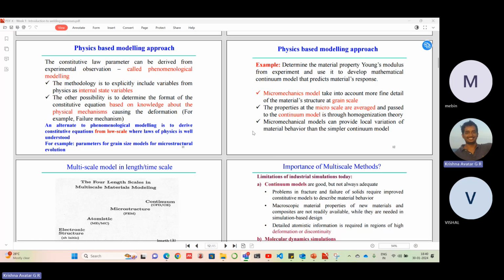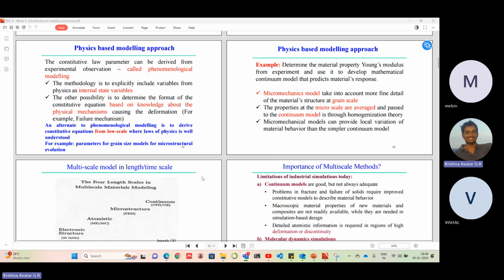Based on the different levels of modeling, we'll be able to refine our constitutive model. The finer we go, the better our model tends to become. We may have heard of the Ogden model, which is very much used in constitutive modeling of rubber.